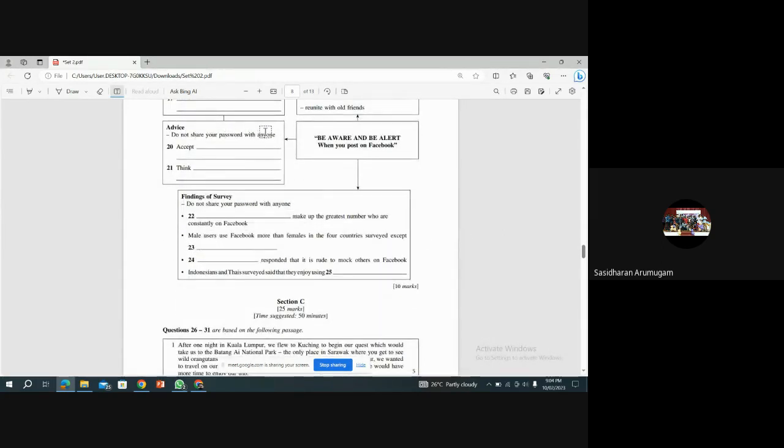Do not share your password with anyone except, friend requests from people you know. Yes, friend request. Think before you post. Okay, think before you post.